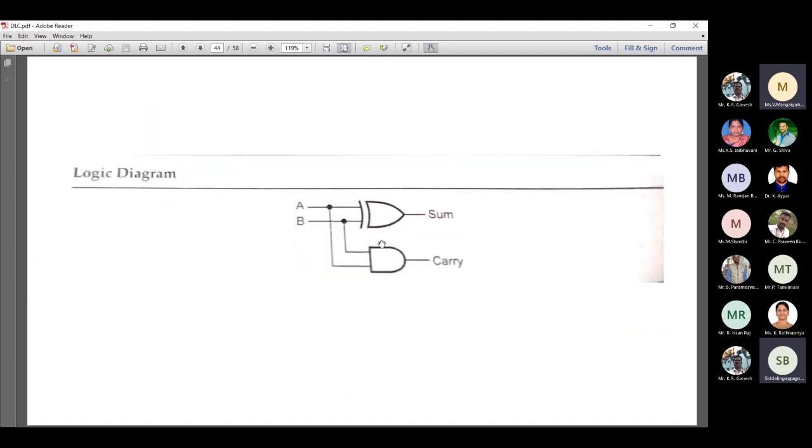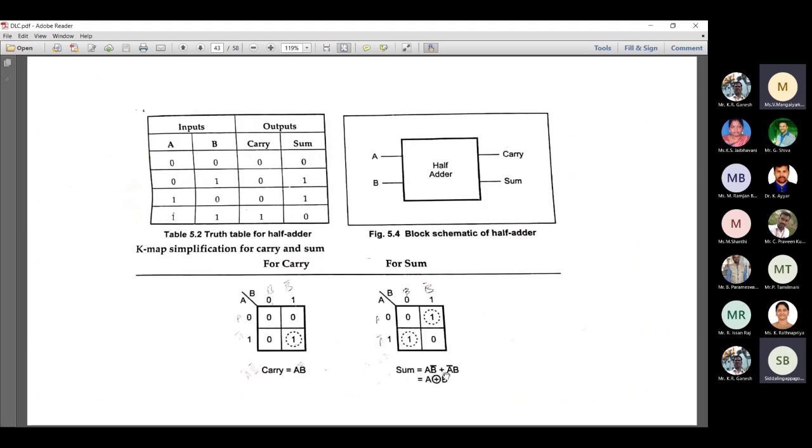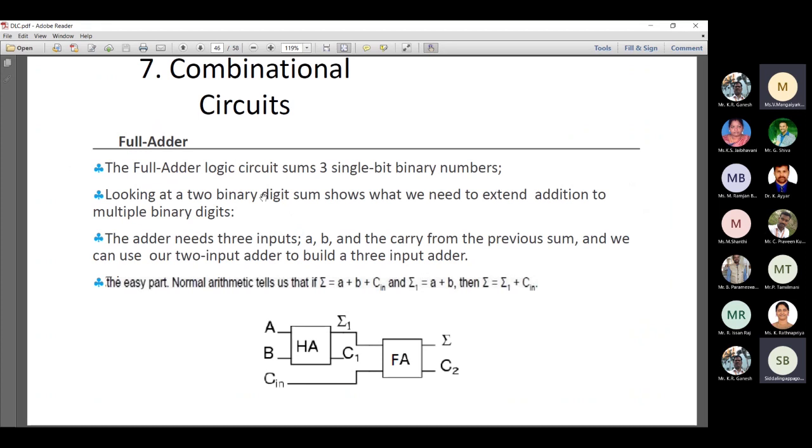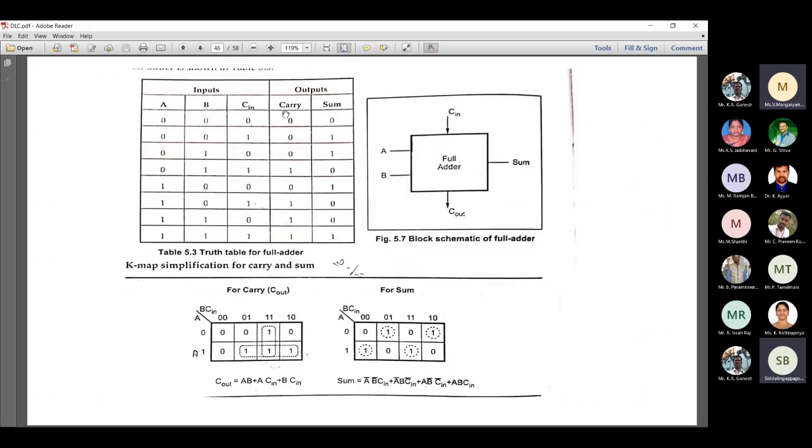AB is nothing but an AND gate. The AND gate will give you AB, and this, A B bar plus A bar B, is nothing but XOR. XOR is represented by that symbol, and this is a symbolic representation. This will give you the output of a half adder, right? Similarly, you have a full adder, sum and carry, that is represented in terms of a K-map.